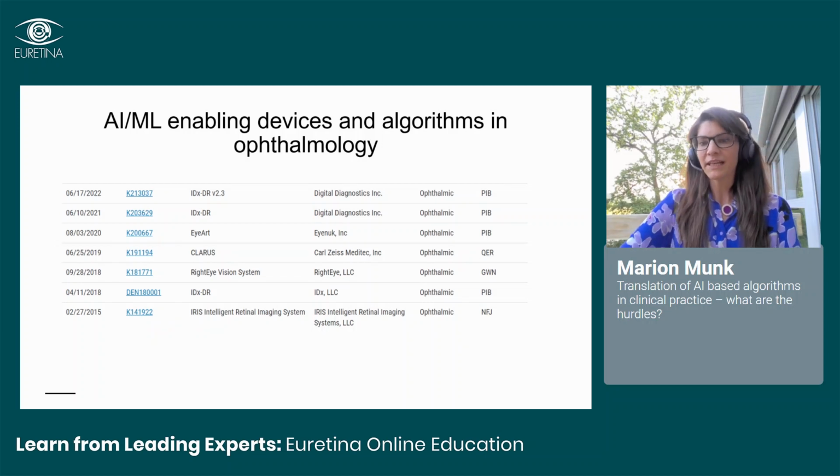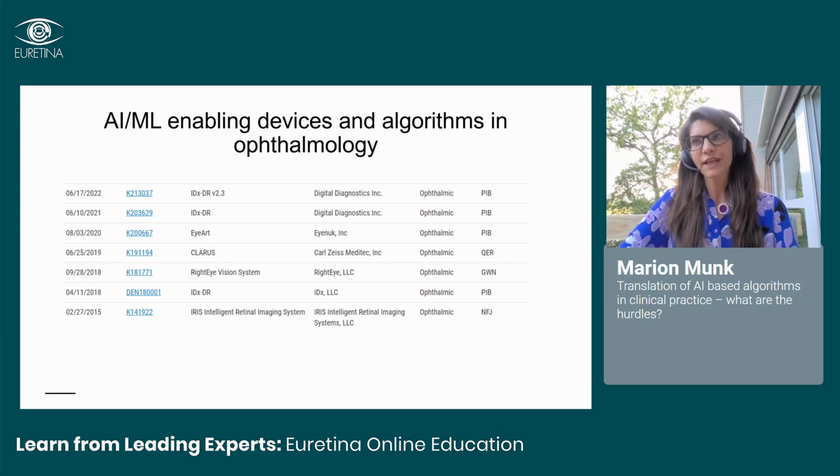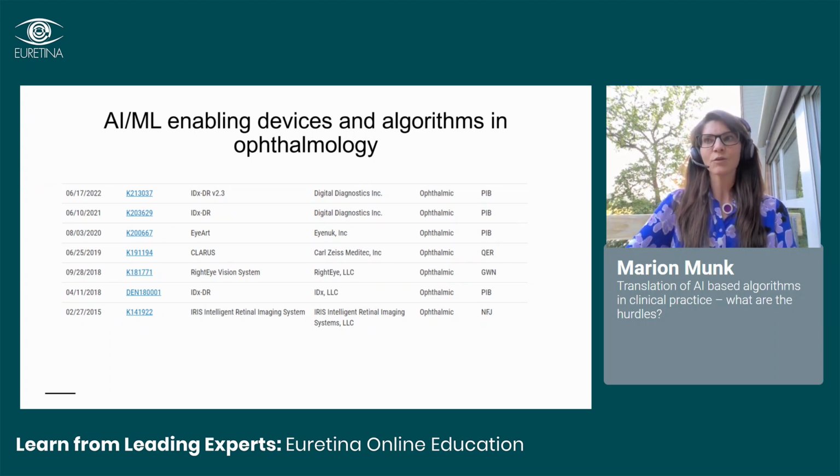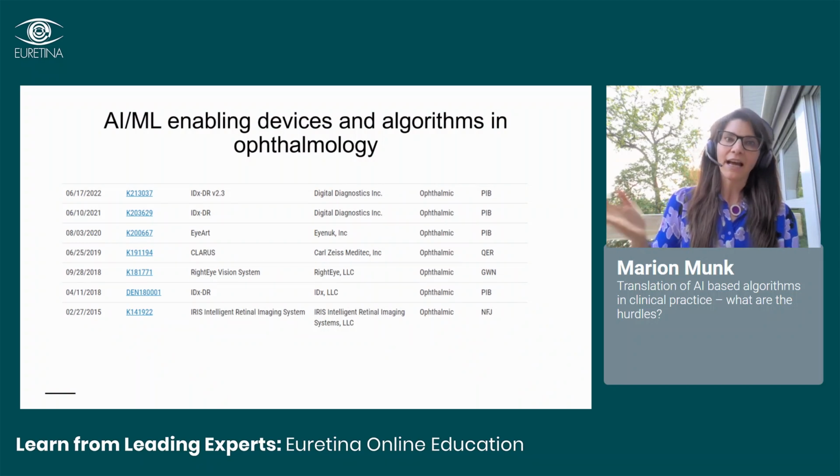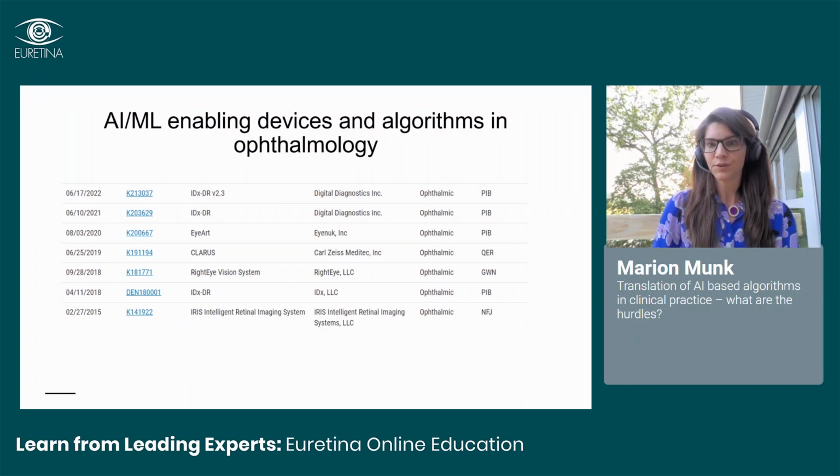We will hear about this a little bit later, but usually the FDA is more strict and has stricter guidelines on what can be approved and what cannot, compared to the EMA. This is also why in the EU we have more CE-marked algorithms nowadays than in the US.